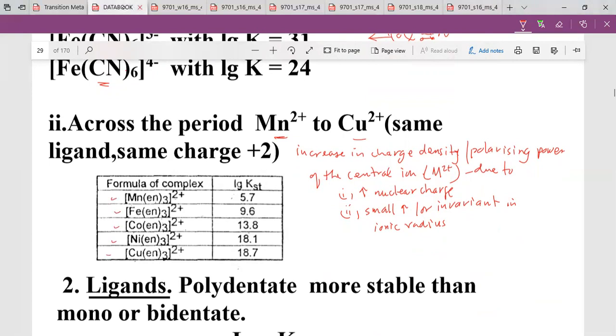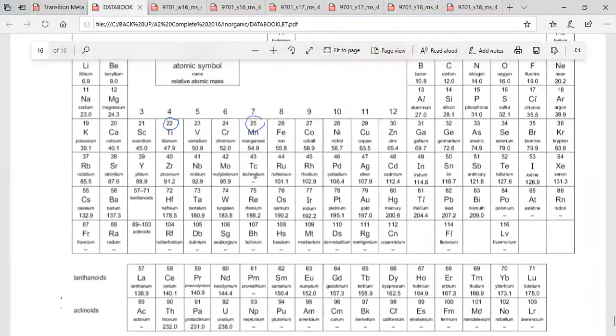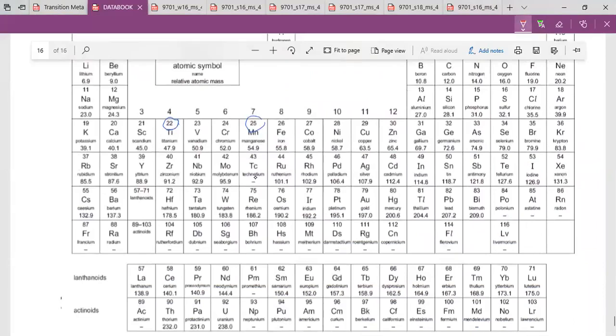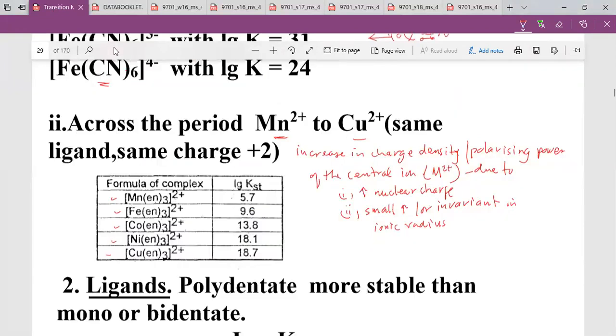If you look at the data booklet, you see they all have the same charges, +2, which are quite stable.